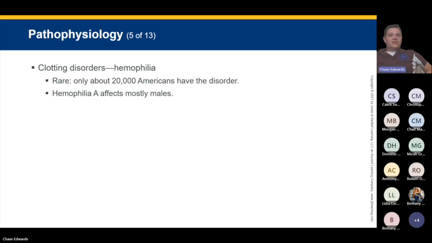All right, some clotting disorders, hemophilia. So hemophilia is rare. It affects only about 20,000 Americans. Hemophilia A affects mostly males.